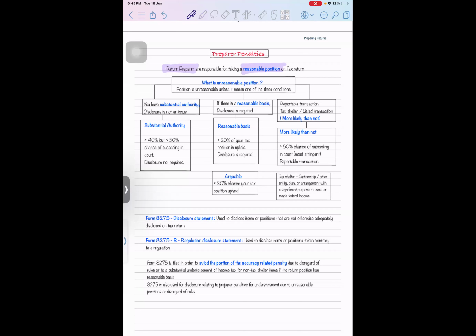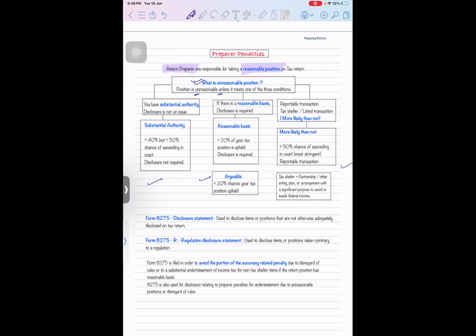First, what is an unreasonable position? The position is unreasonable unless it meets one of the three conditions. Means if it meets one of the three conditions, it is called a reasonable position. Got it?